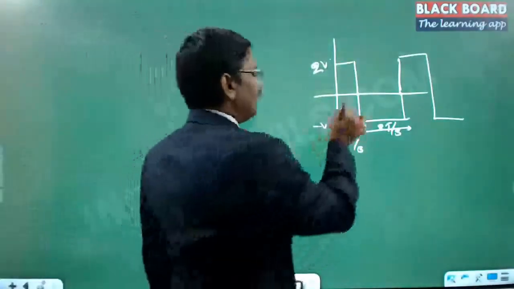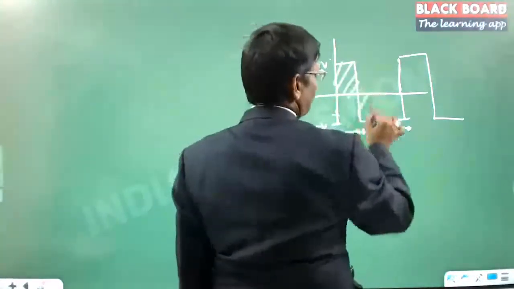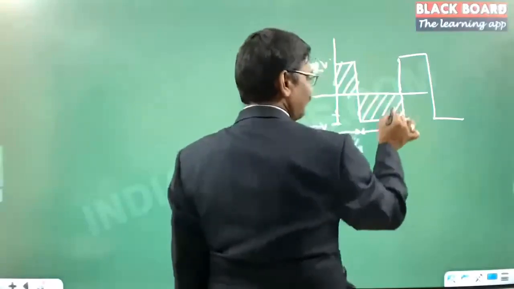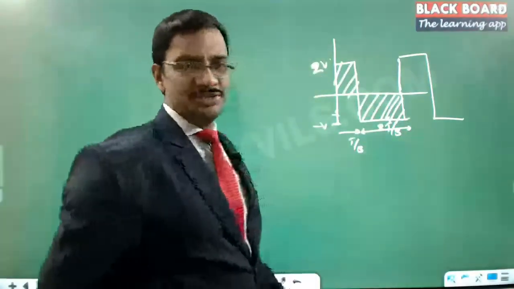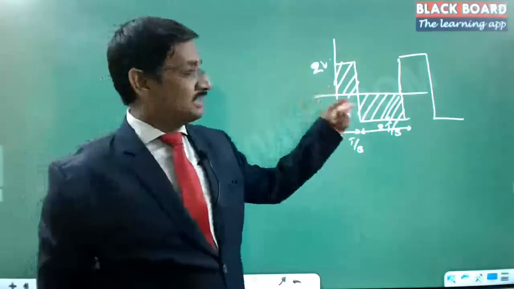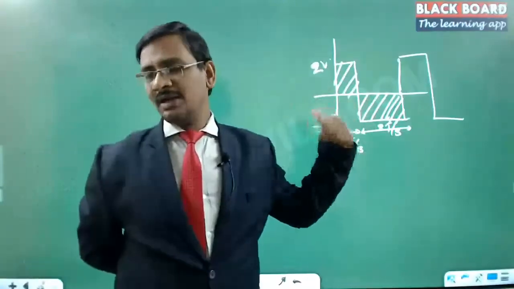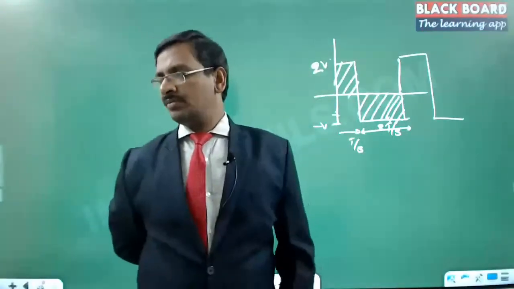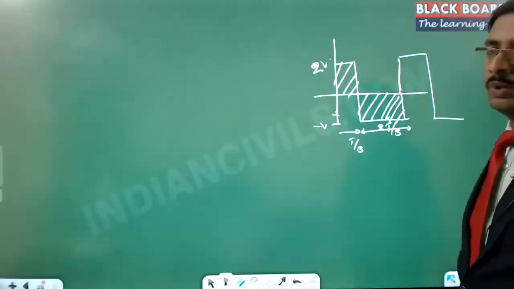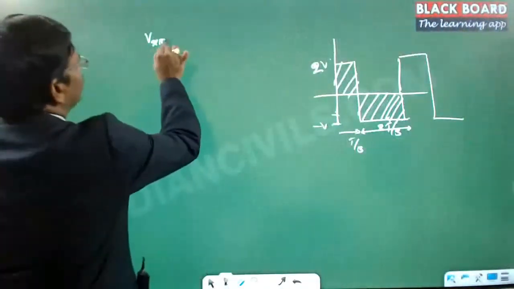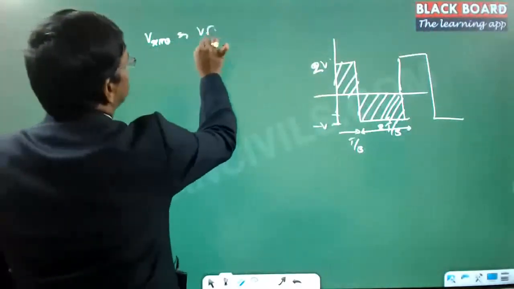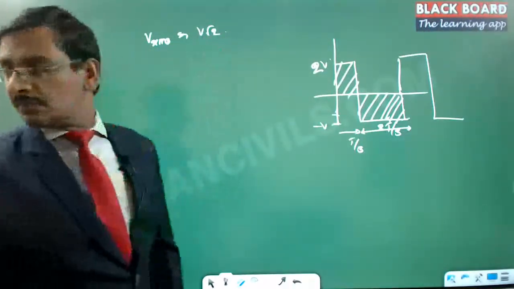Earlier these areas were the same, but now does it matter? Will it come out to be 0 RMS value? The average is anyway 0 for this. You calculate the RMS value and tell me. V root 2. Okay, so you say that Vrms is V root 2, right?